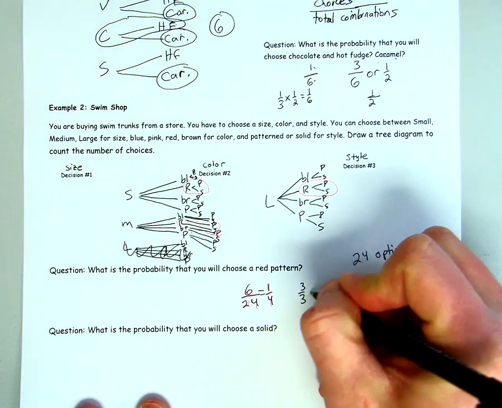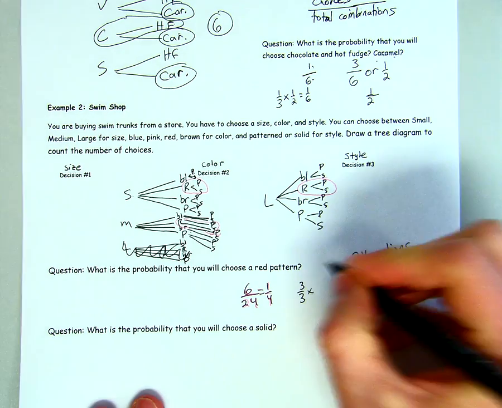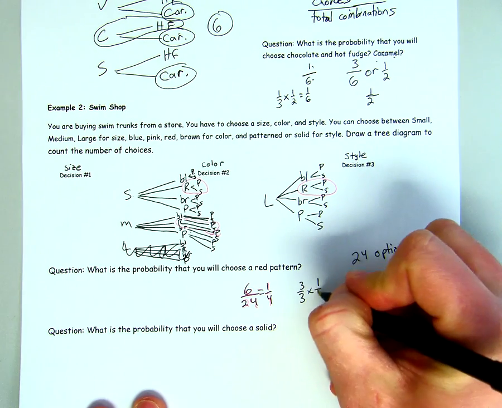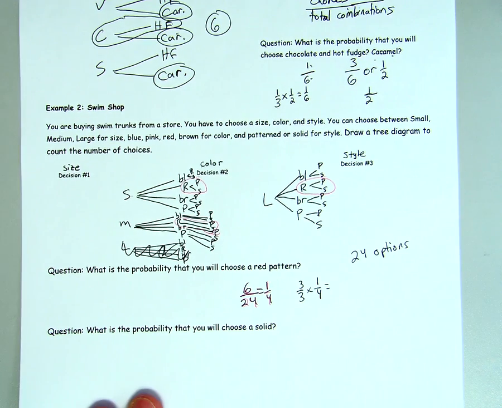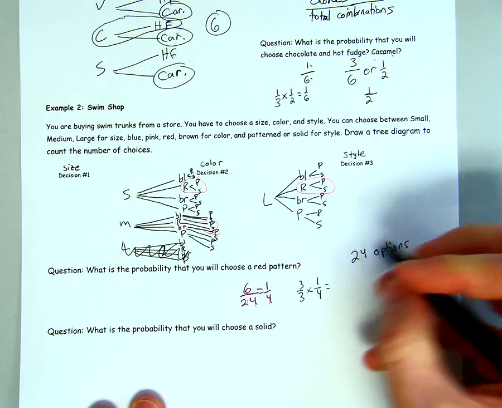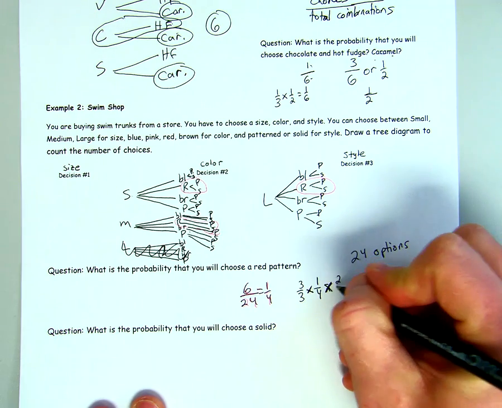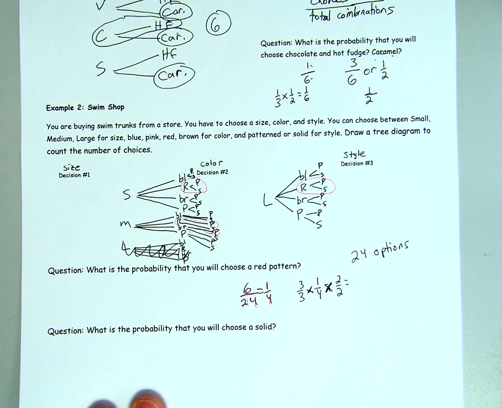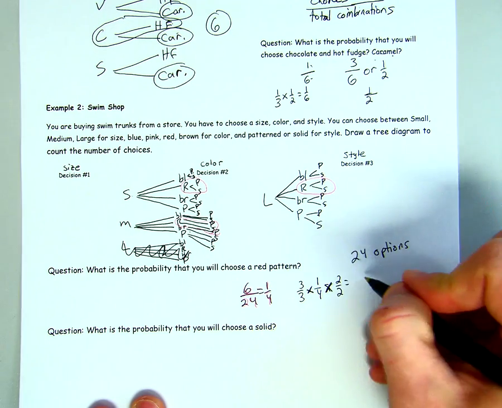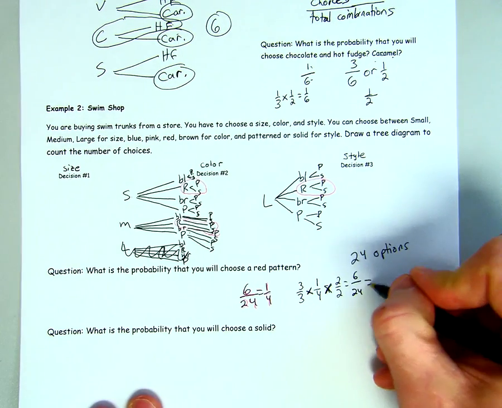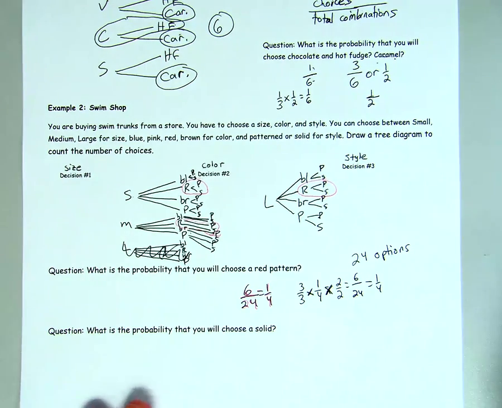And then if I look at my color now, out of my 4 choices I need my red. And then it doesn't matter if I choose pattern or solid, so 2 out of 2. If I go ahead and solve that, multiply across, I get 6. Multiply across, I get 24. I get the same answer of 1/4, or 6 out of 24.